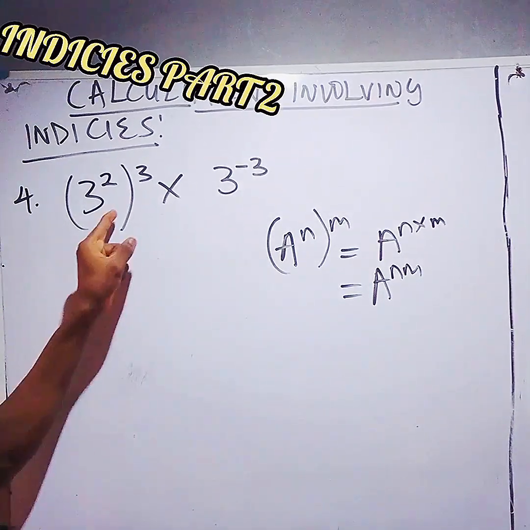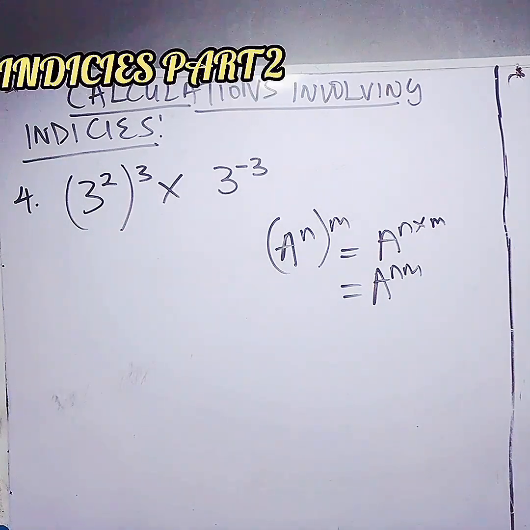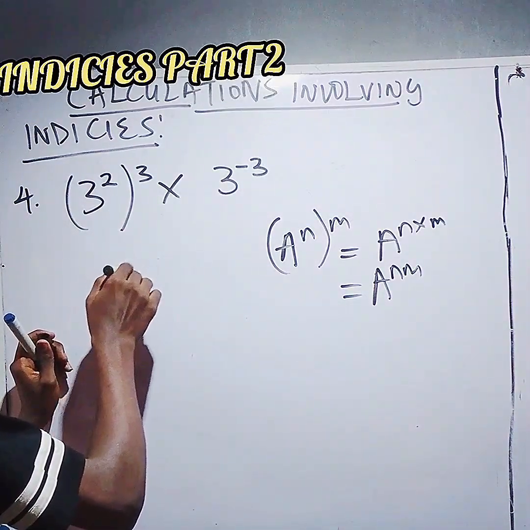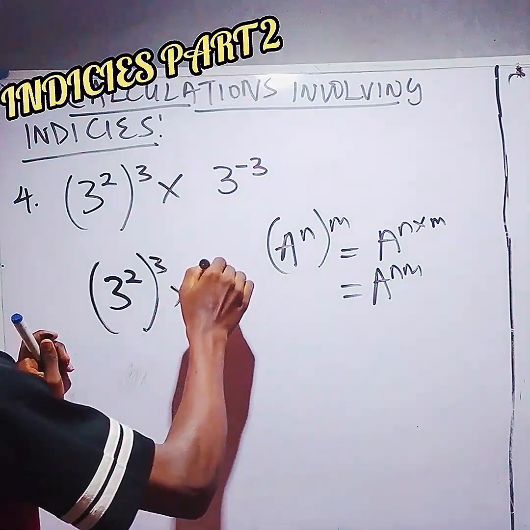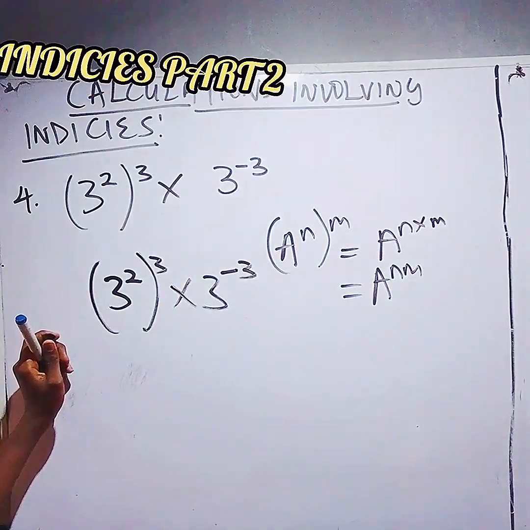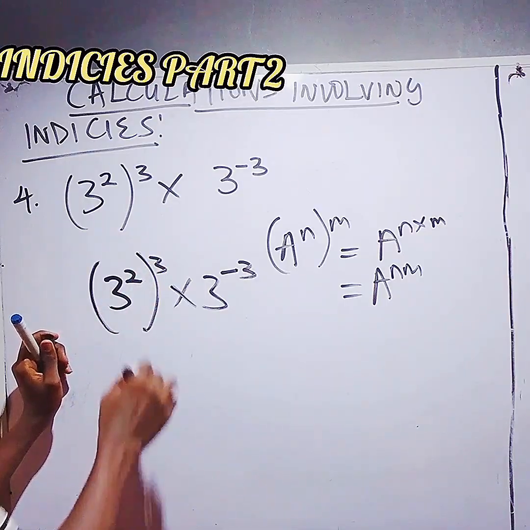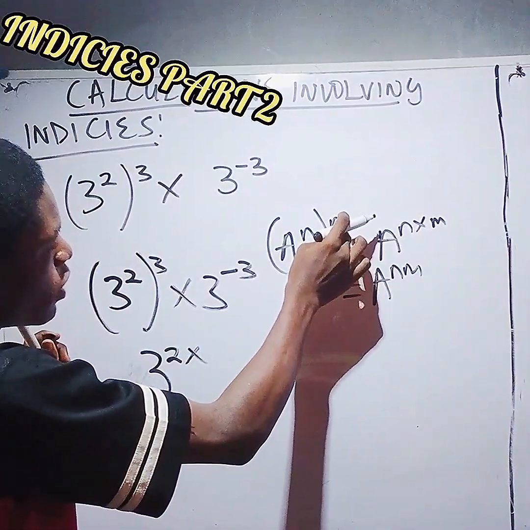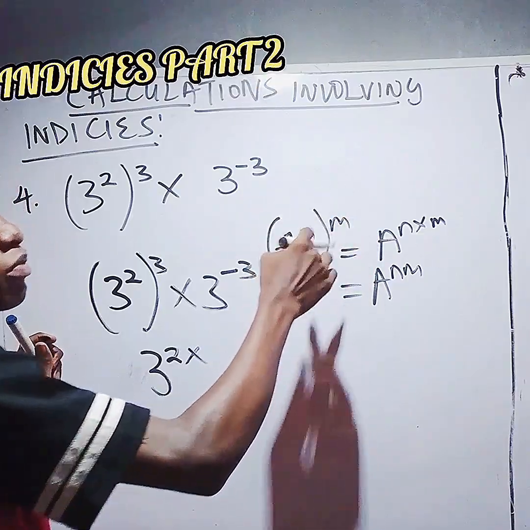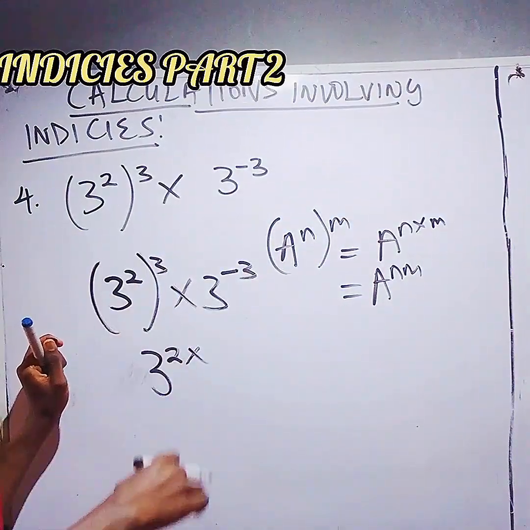Now, if I still apply this here, what will I be having? I'll be having 3 raised to the power of 2, then times 3 raised to the power of minus 3. If I apply this law, what will I be having? According to this law, the power outside will multiply the power of the base inside.